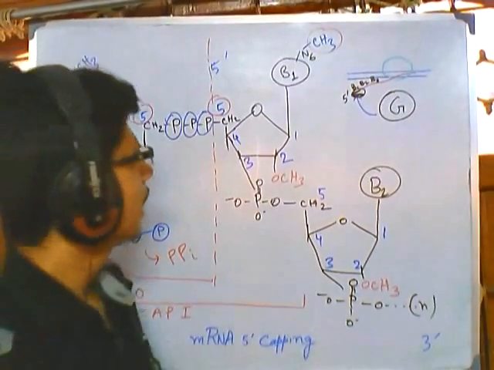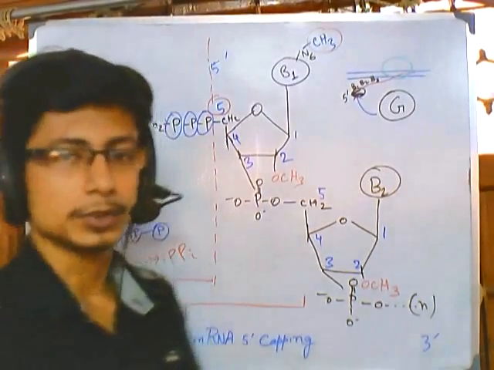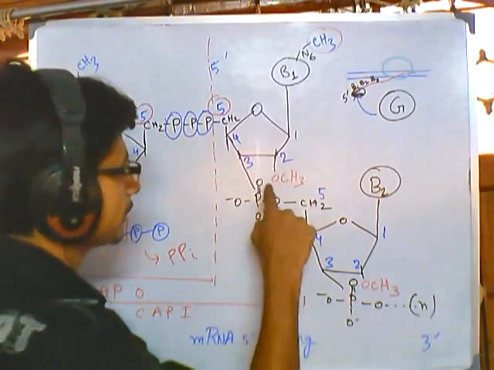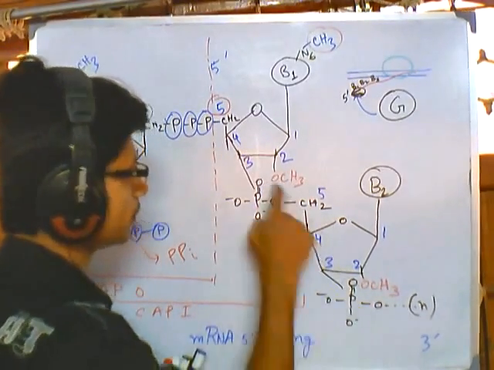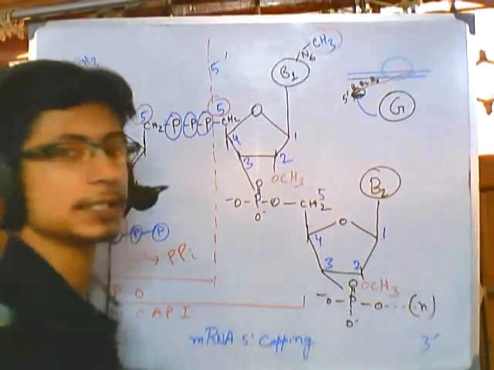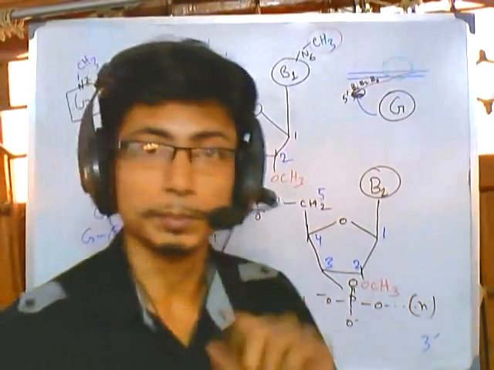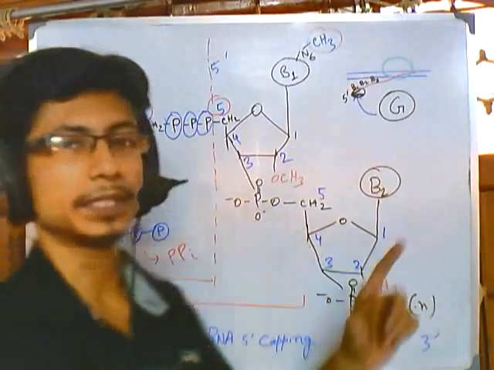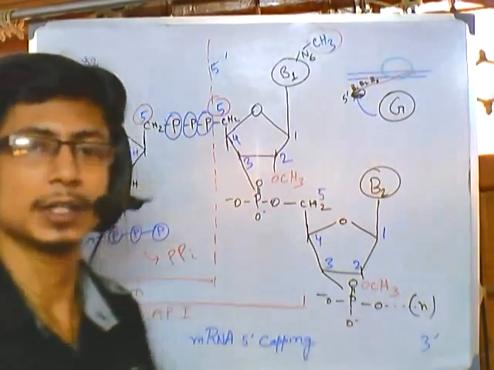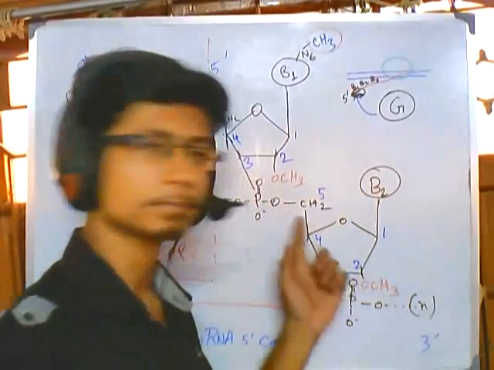And also in further modifications we can find the second carbon of the sugar modified with methylation. So remember, for the first 2 or 3 bases, the second carbon of the sugar is modified, it is also methylated like that.